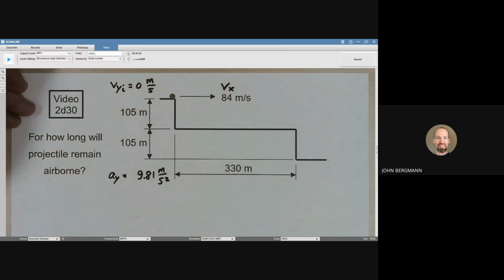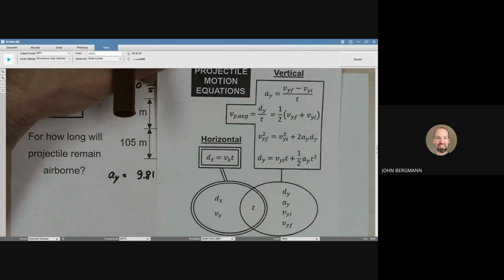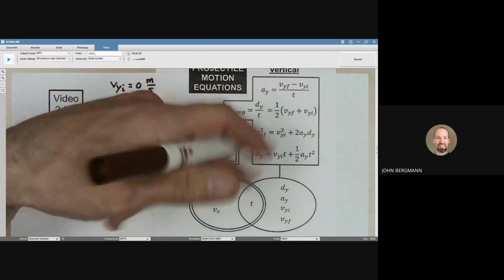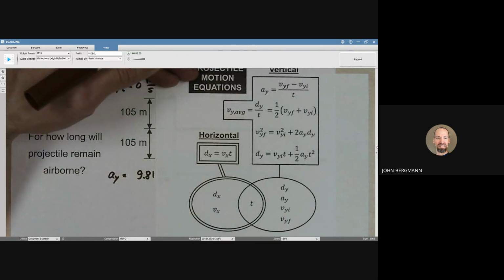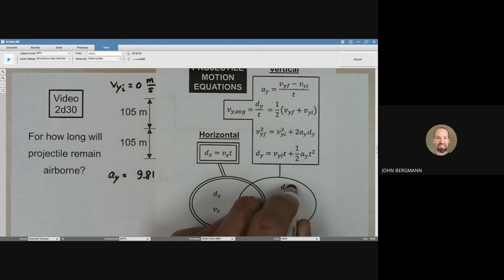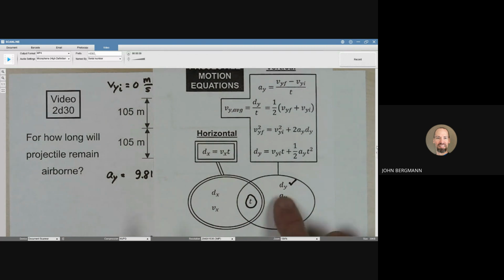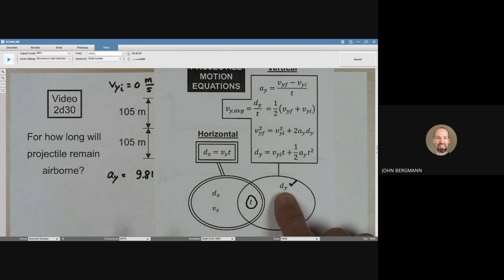I think what we should do then is refer to our equations. By the way, the day that I came up with this, that was my best day. We're looking for time. We know the displacement in the y direction. We're going to have to do two calculations, one for a dy of 105 meters, and another with a dy of 210.